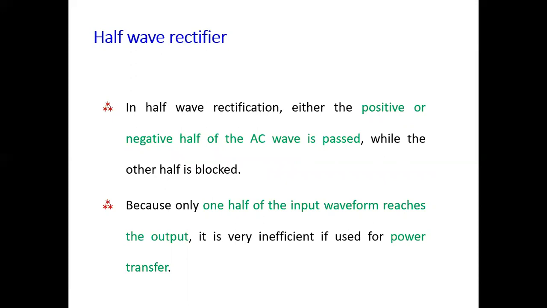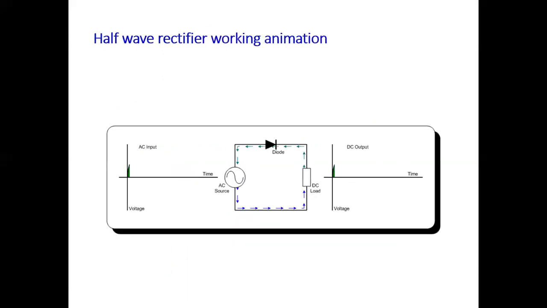In half rectification, either the positive or negative half of the AC wave is passed, while the other half is blocked, because only one half of the input waveform reaches the output. It is very inefficient for power transfer because we are cutting the data.